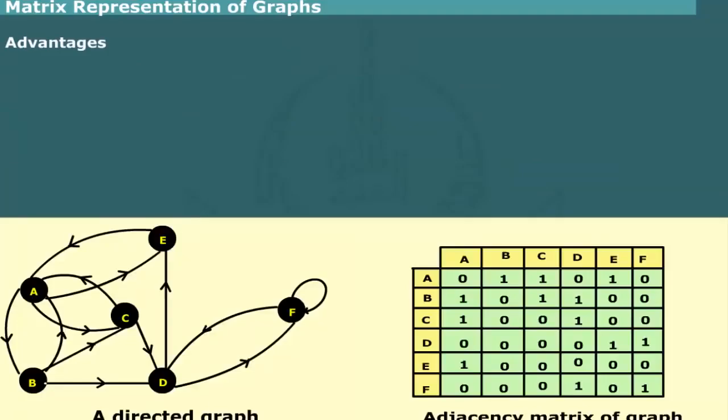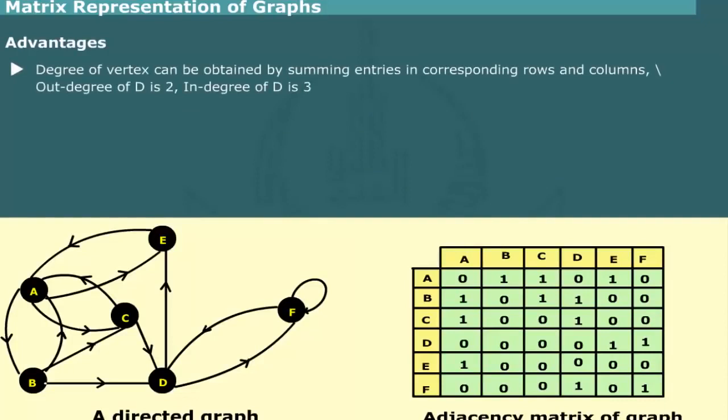A major advantage of matrix representation is that we can determine the degree of a vertex easily by simply summing the entries in the corresponding rows and columns of the adjacency matrix. For example, consider the vertex D. The sum of values in the row corresponding to the vertex is 2.